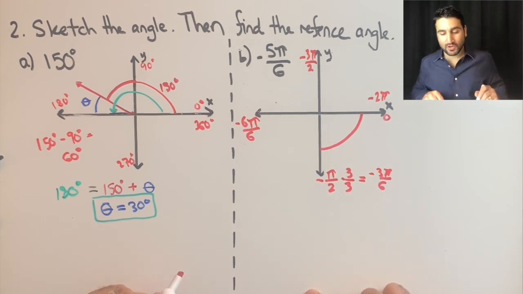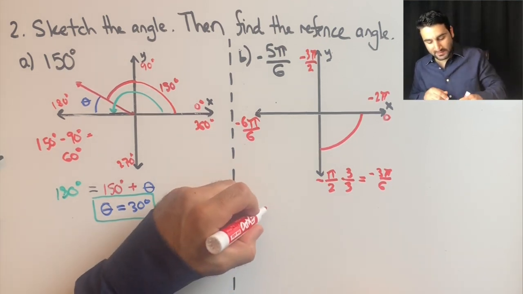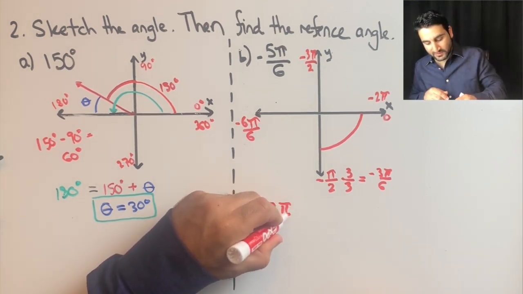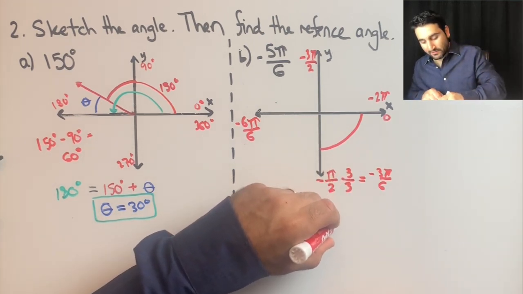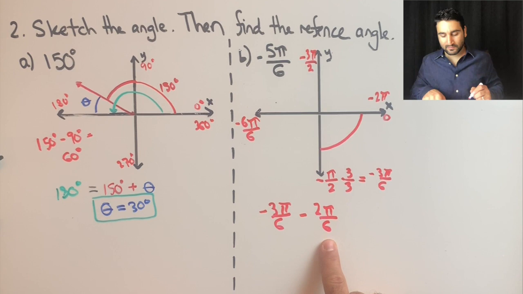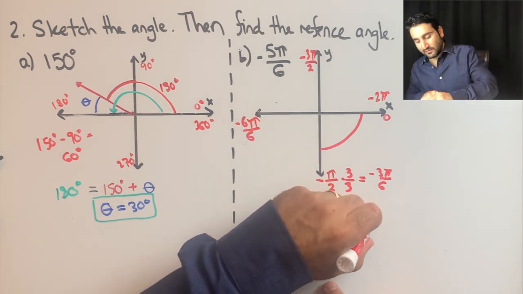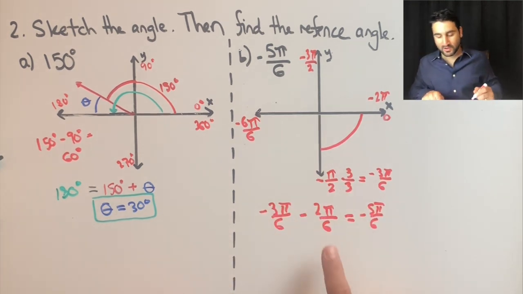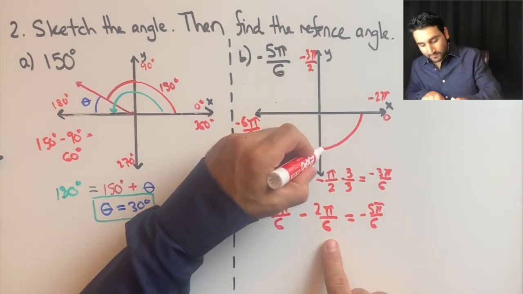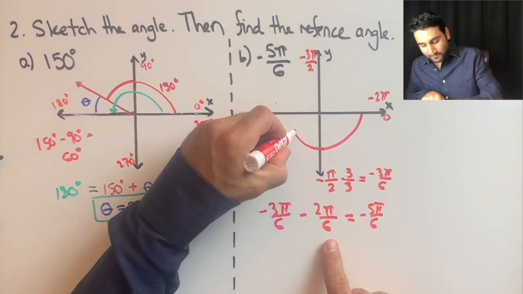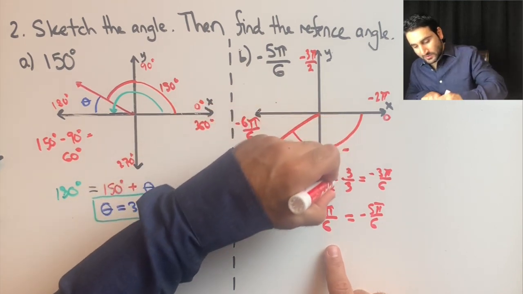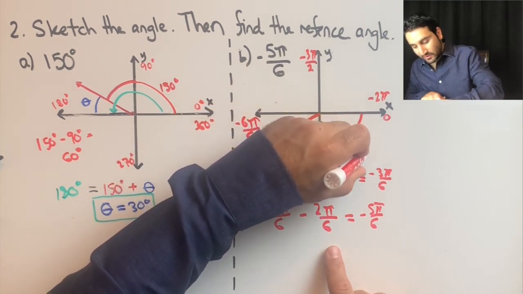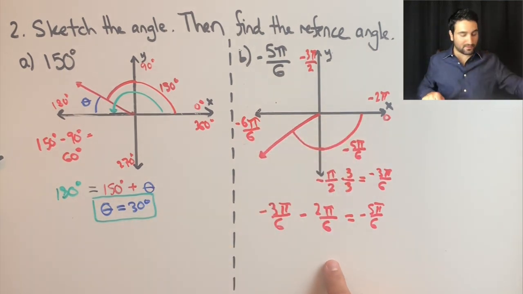You would have to go 2 pi over 6 more negative, because negative 3 pi over 6 going more negative would equal negative 5 pi over 6. So we're going this much more. Then we're going to draw our line. So this is negative 5 pi over 6, like that.